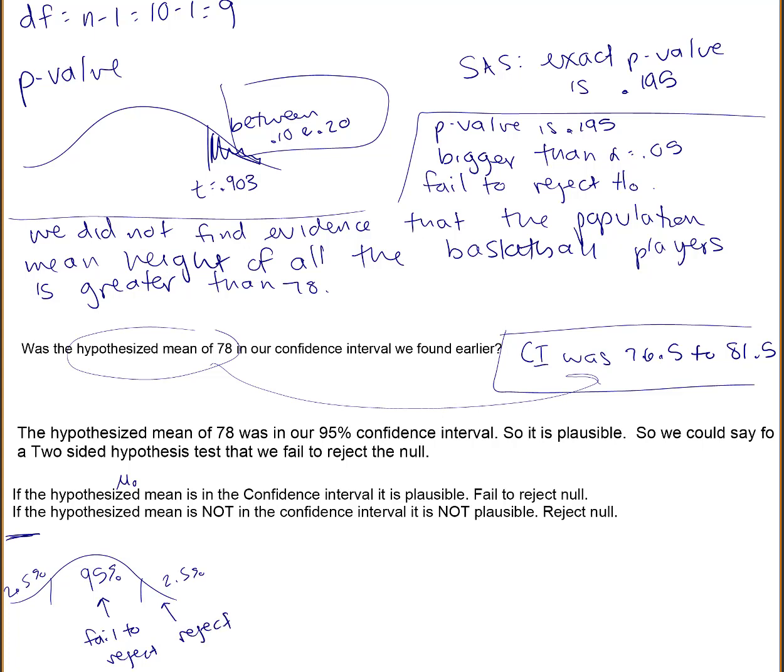So basically, if you have a two-sided confidence interval, then it's really doing a one-sided test at alpha equals 0.025. And doing a smaller alpha is never going to hurt you. That's just more conservative.